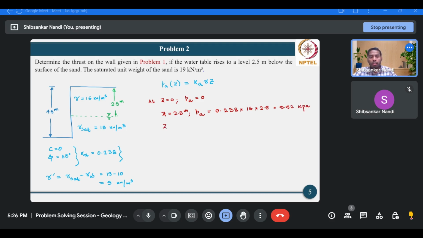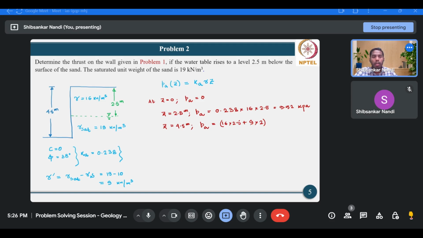And z equals 4.5 meter. Your PA would be 16 into 2.5 plus 9 into 2. So this would be the effective overburden pressure at the base of the wall. Okay, so for soil above the water table, it will be simply 16 multiplied by 2.5.